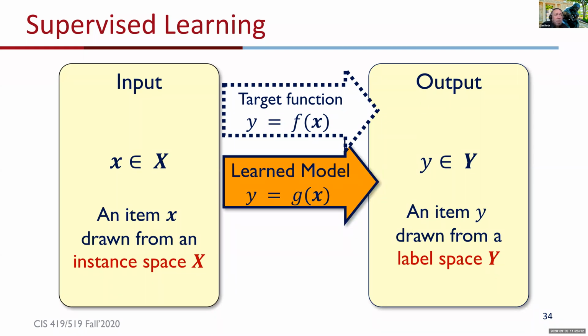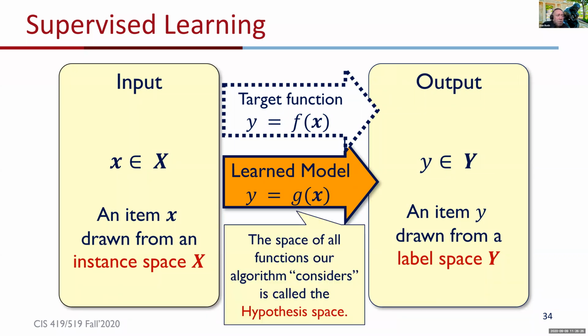So we are going to learn a model that is going to be G of X. It may not be identical to F. We don't know what F is, but hopefully it's a good enough approximation of F so that we can live with it. The space of all functions that our algorithm is going to consider, all the G's that are possible, is going to be the hypothesis space.